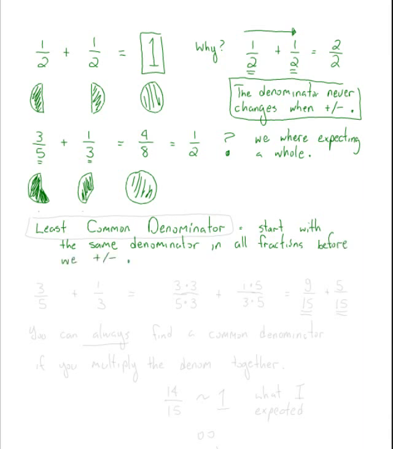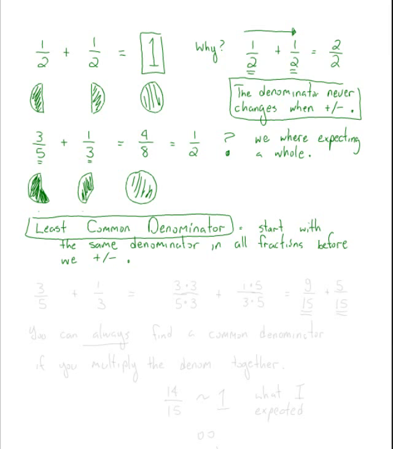Now, this is not true of multiplication and division. Remember, multiplication and division, you don't have to have a least common denominator. But when you add and subtract, a least common denominator is extremely important.